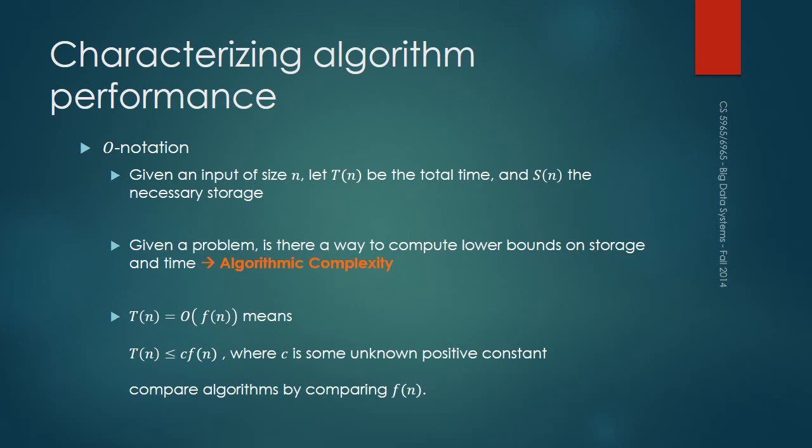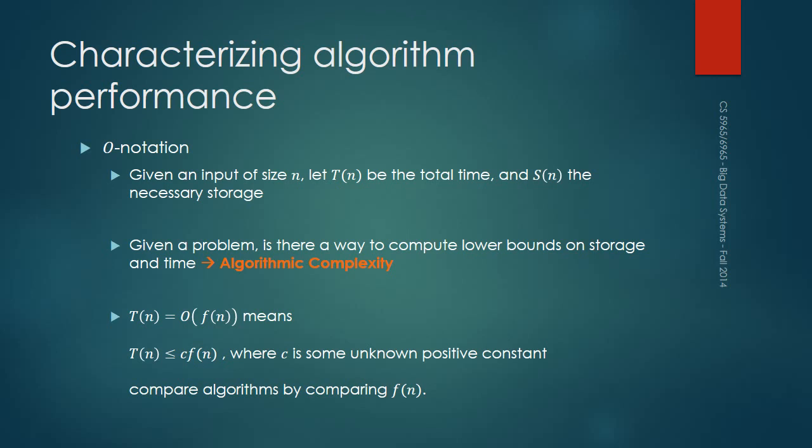This is probably the worst summary for characterizing algorithm performance and algorithmic complexity. I'm assuming all of you know it. I'm just putting it on a board. If you don't, please go ahead and read, take some other courses or catch up, because this is going to be required.